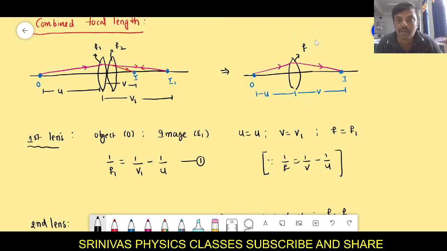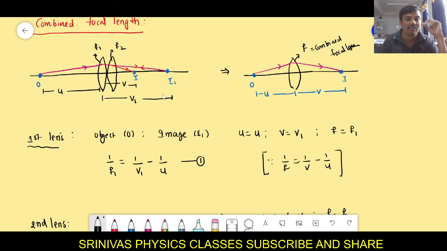This is said to be combined focal length or the effective focal length. Two lenses will act as one lens, and there one lens has the focal length f. For these two lenses, object is O, and these two lenses combinedly forming the final image I.